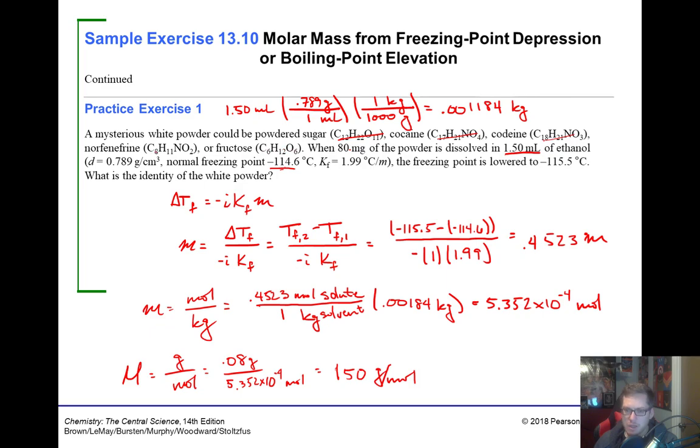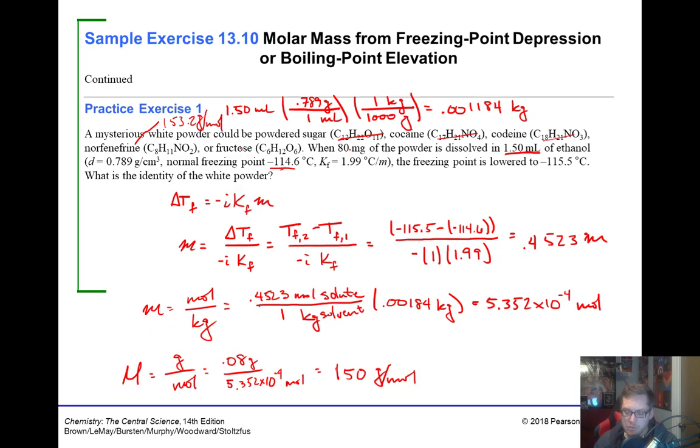So let's check norepinephrine. We'll say 8 times 12.01 plus 11 times 1.01 plus 14.01 plus 32. Yeah, 153.2. So norepinephrine weighs 153.2 grams per mole.